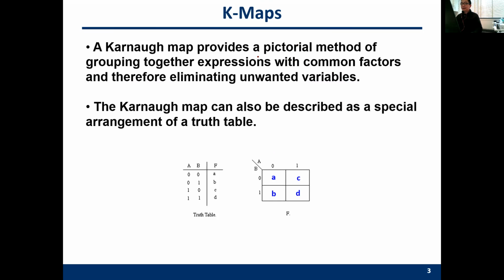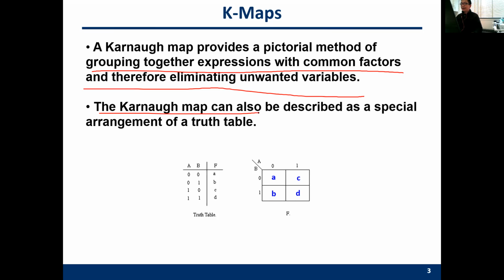It's a method of grouping together expressions with common factors and therefore eliminating unwanted variables. Maybe in your canonical form you have 4 variables, which is 2 to the 4 rows in the truth table. After the simplification, your expression may only relate to 1 variable. That's very normal.